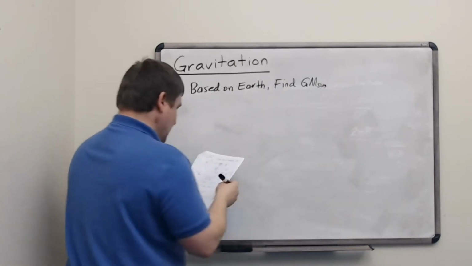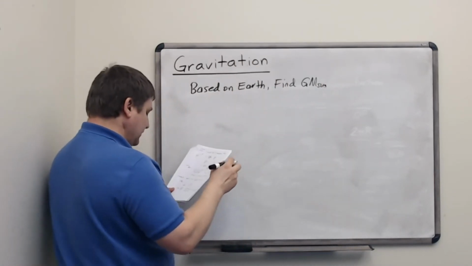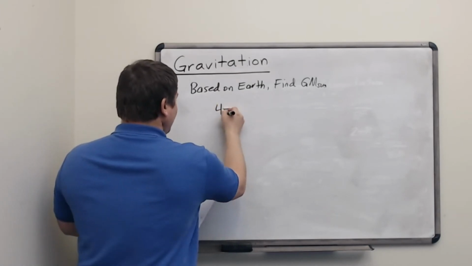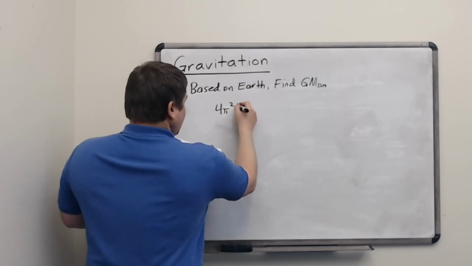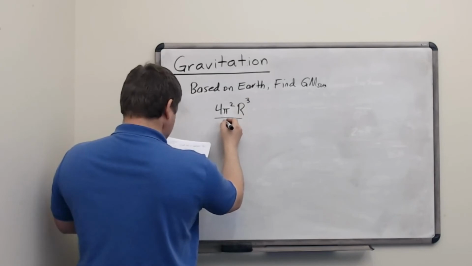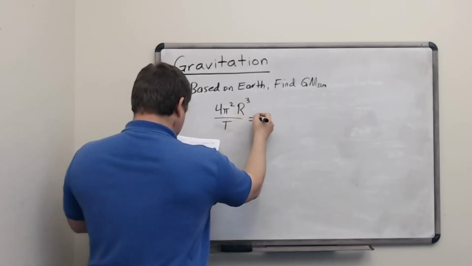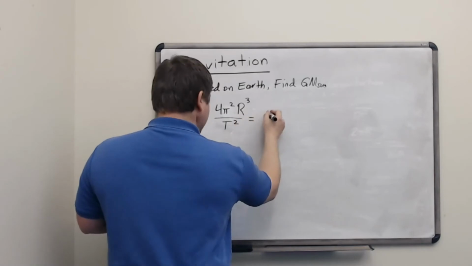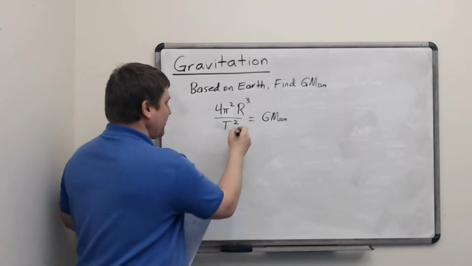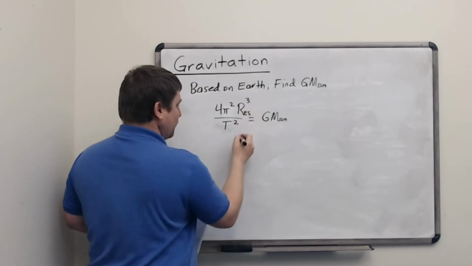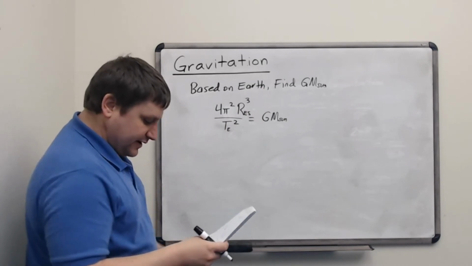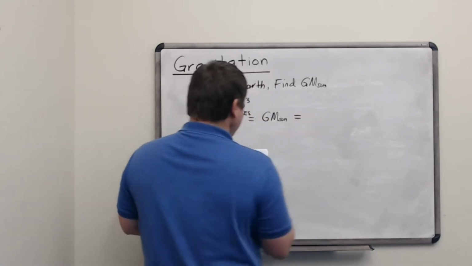Well, our formula from Kepler's third law, solved by Newton, would tell us that 4 pi squared times the radius cubed over the period squared is equal to this gravitational parameter for the Sun. We have to plug in the radius of the Earth-Sun orbit and the period of the Earth's orbit. We know both of these from astronomical observations.